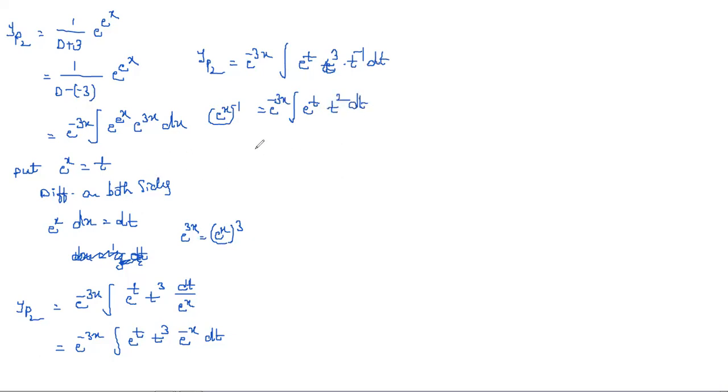Now you can apply integration for this. And then what will we get? e power minus 3x into, apply the uv formula. This is u and this is v. t square into e power t as it is, minus t square derivative is 2t into e power t, plus 2t derivative is 2 into e power t.